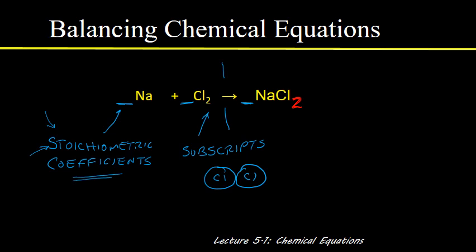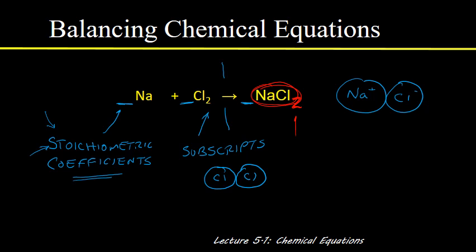But we can't do that because whenever you change one of these subscripts, you're changing the identity of the substance itself, right? Where NaCl means that you've got a substance that looks like this, and of course it's ionic, so we've got charges.